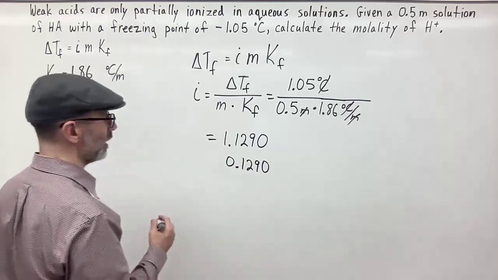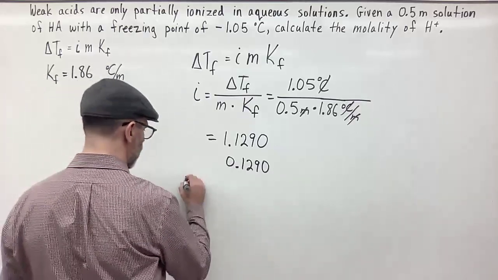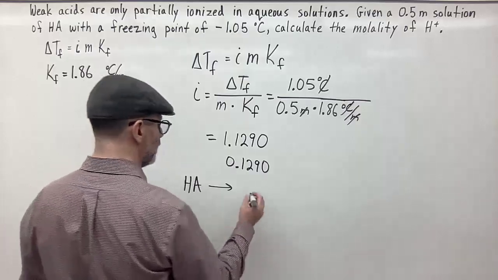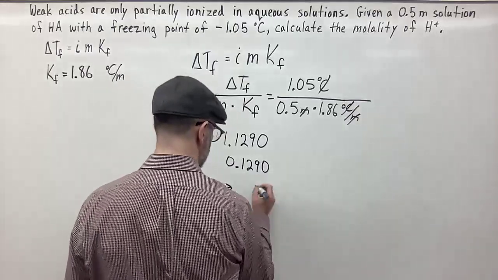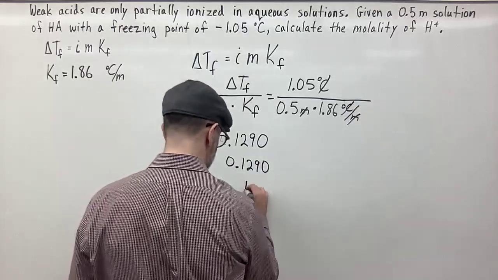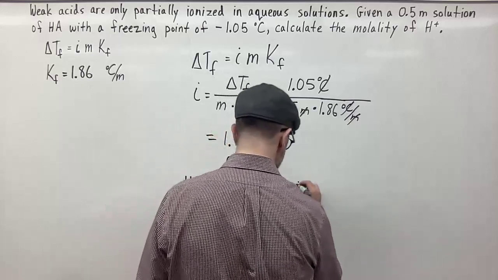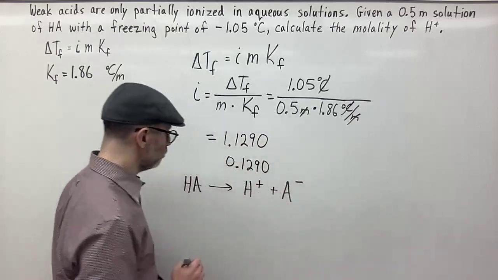So if you think about it this way, we have our HA, which is going to dissociate or ionize into H plus plus A minus.